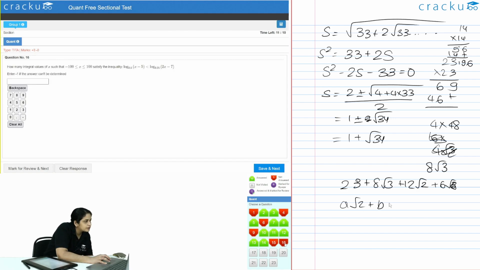How many integral values of x satisfy the inequality?